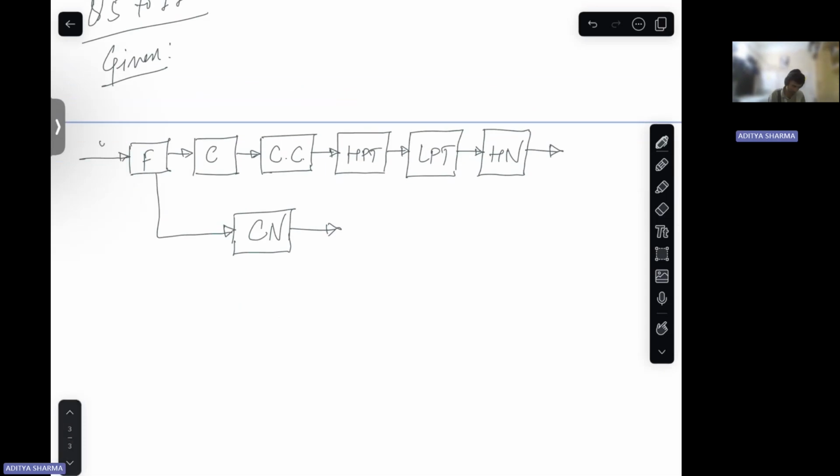So we'll give numbering here. So this is 1, 2, 5, 6, 7. This is 8.